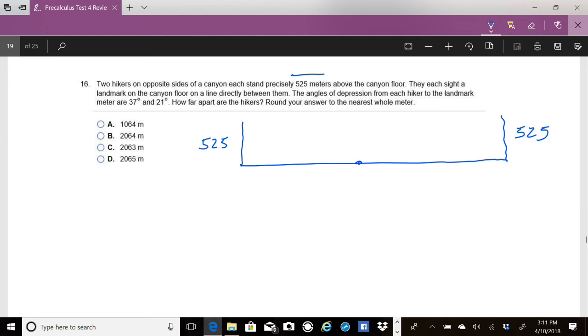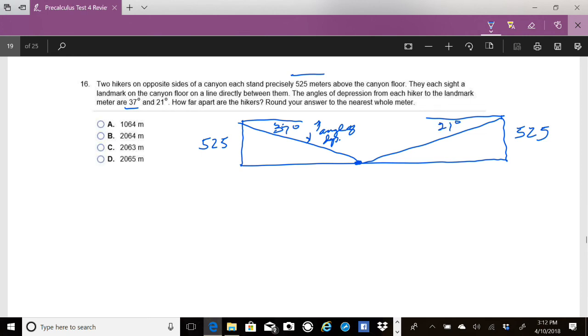Let's just say it's right here. So they spy the object, and we're told that the angle of depression from each hiker to the landmark is 37 degrees. This is the angle of depression. And the other one is 21 degrees.